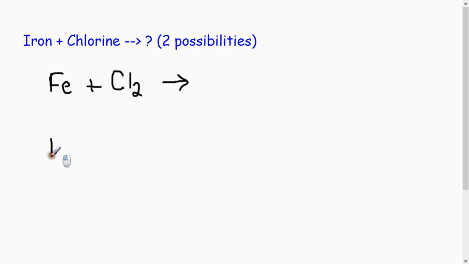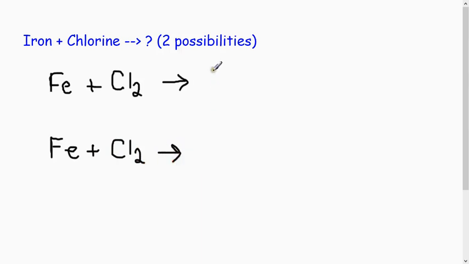Now, since we're going to do two different possibilities, I'm going to write out those reactants again. The reactants are not going to be any different. It's iron plus chlorine in both cases. The difference is going to be what the products are.